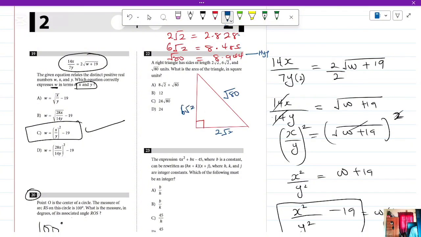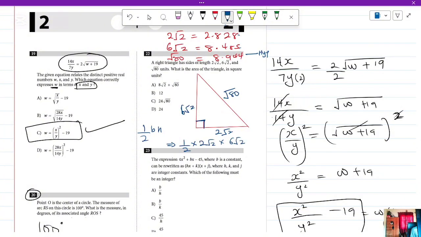And we know that for us to find the area of a triangle, we are going to be using half base times height. The base and the height are the two lines that form the 90 degree angle. So we have 1 over 2 times your base, 2 root 2, times your height, 6 root 2.